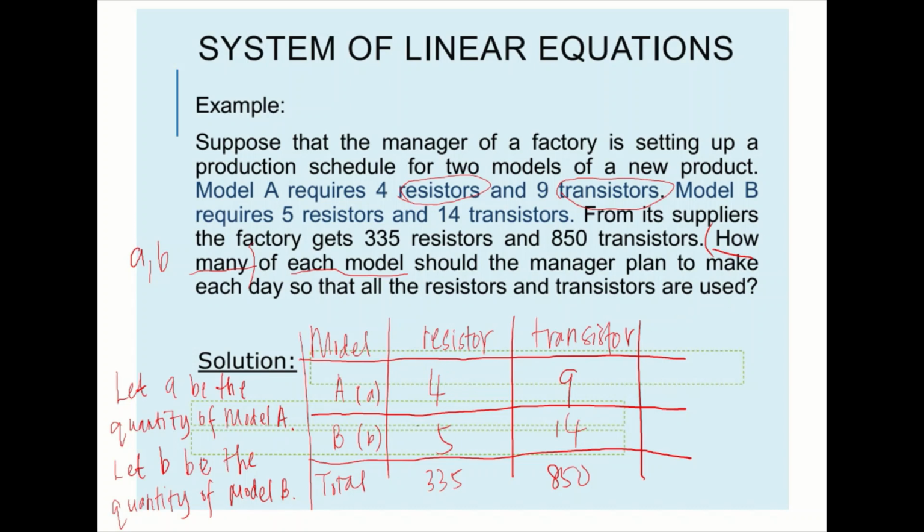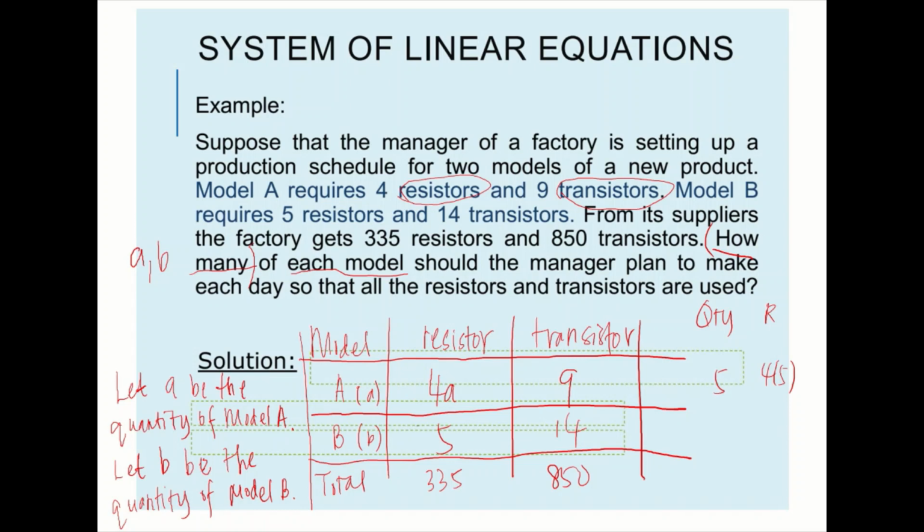For example, if the quantity for A is 5 units, then the resistor is 4 for each unit, so 4 times 5. Since the variable is A here, it will be 4A. 4 times A represents the quantity of resistors required for model A.